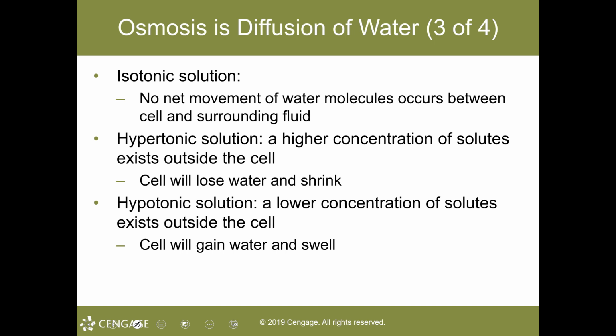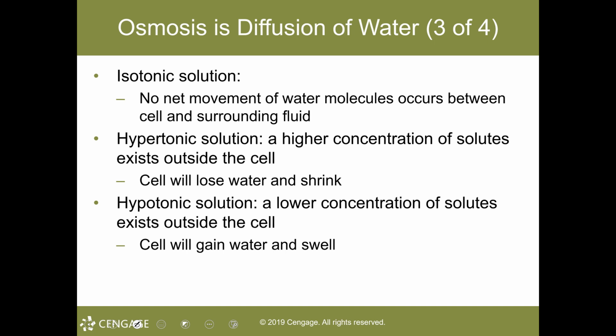Since there are equal concentrations, I say again, equal concentrations of both water and solute molecules, there will be no net movement of water molecules because neither side is either hypotonic or hypertonic.